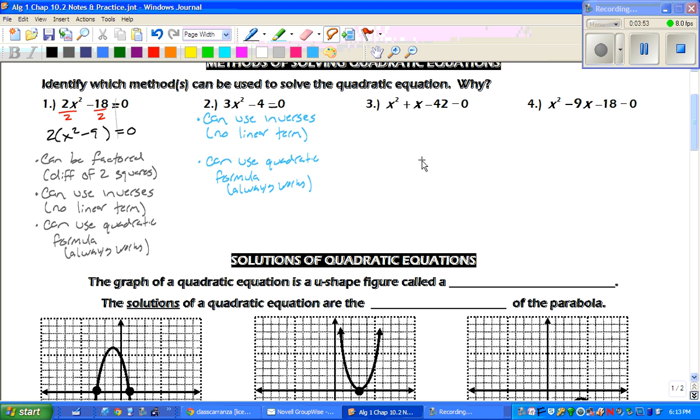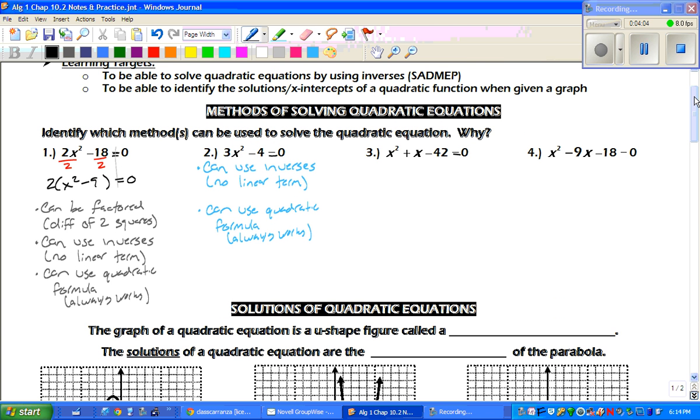All right. Now, the next one, x squared plus x minus 42 equals 0. Can we factor that? Well, actually, yes, we can. Because a is 1, b is 1, c is negative 42.